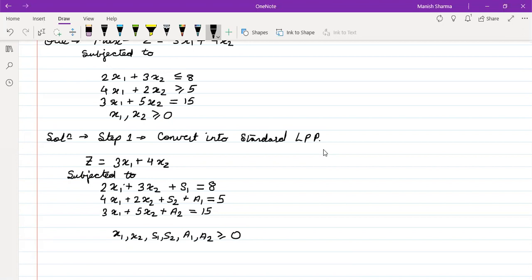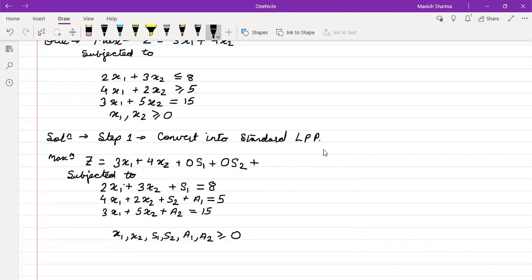So we have converted this into standard LPP, but now this is maximization, so we have to add these variables to the objective function. So I'll add 0 S1 for slack variable and surplus variable, we have to add the coefficient as 0. So we have added 0 S1 plus 0 S2, then how many artificial variables? 1 and 2.